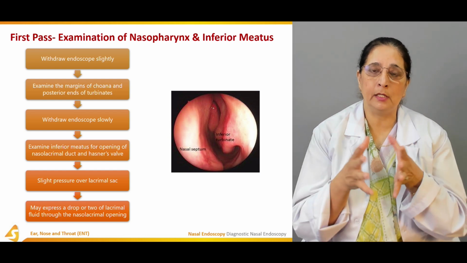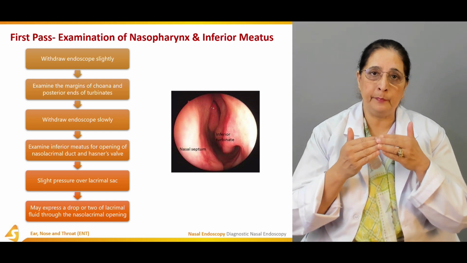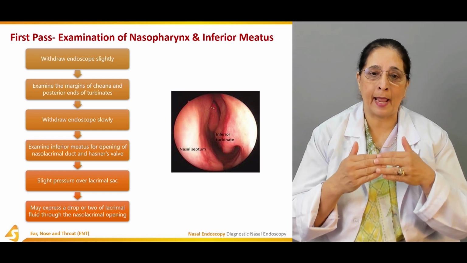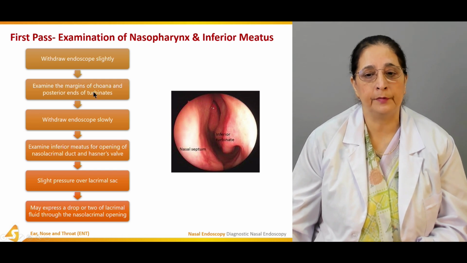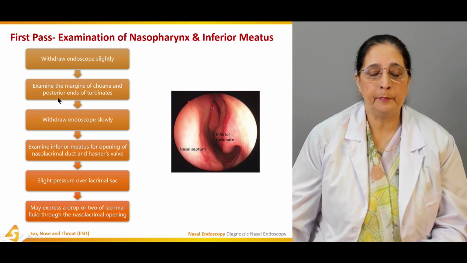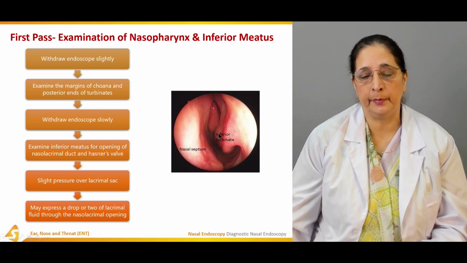So once all the structures are examined in the first pass, then we slowly pull the endoscope backwards, and then we look for the margins of the nasal choana and posterior end of the turbinates. This is the inferior turbinate here.